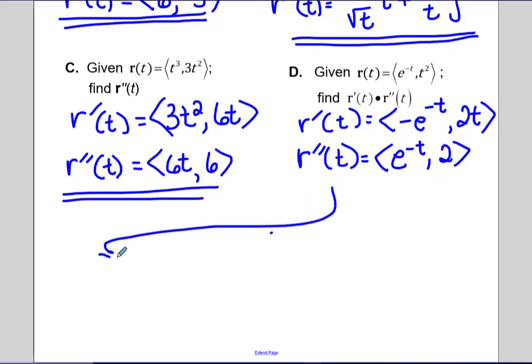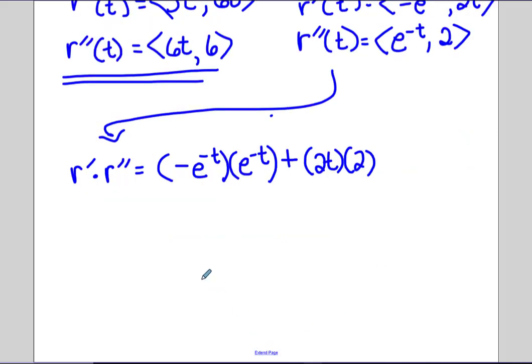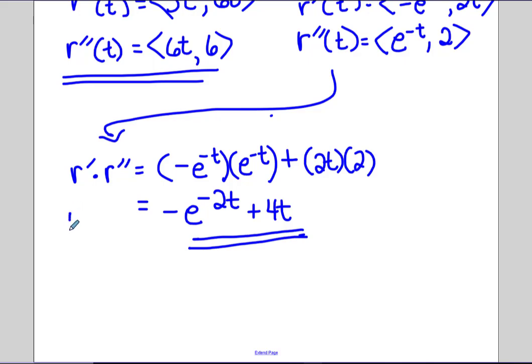And then coming down here, we want to do r prime dotted with r double prime. So we've got the x component, -e to the -t times e to the -t, and we're going to add 2t times 2, so this is going to be a scalar, and our result will be -e to the -2t plus 4t. So this is our scalar dot product of r prime times r double prime.